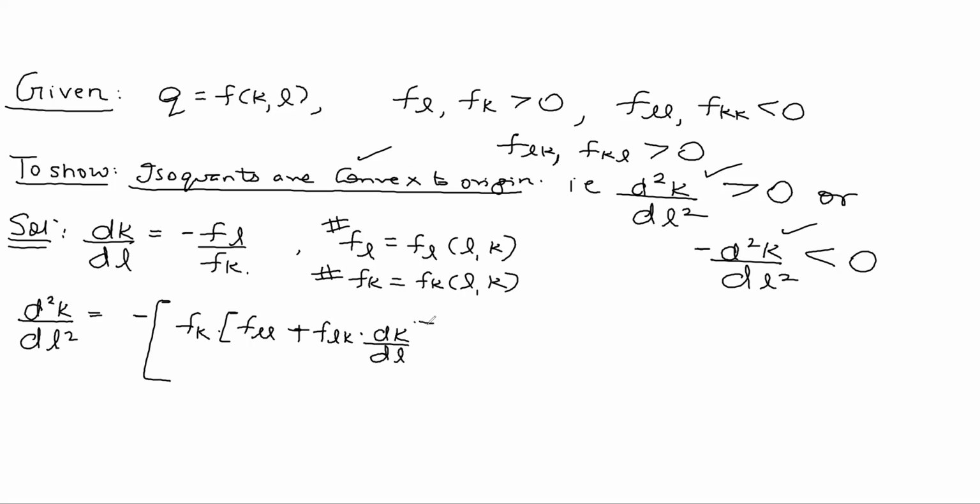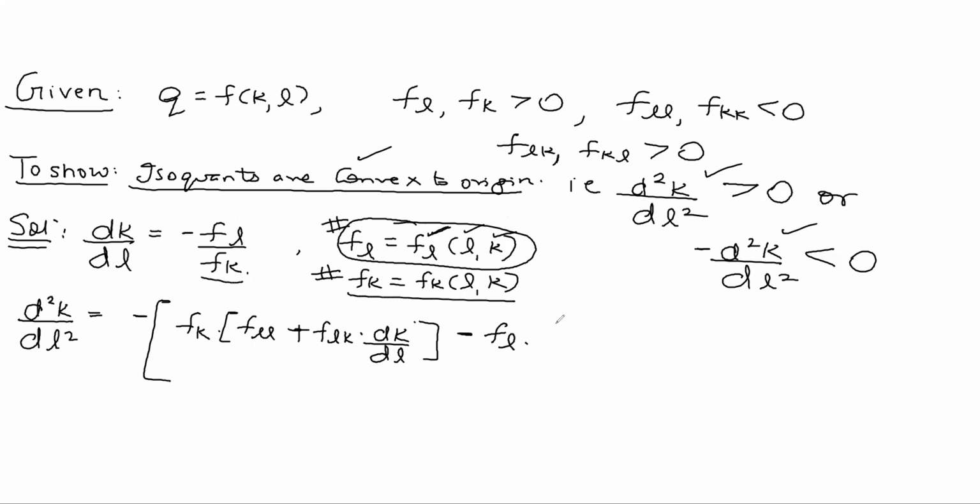If I differentiate this term with respect to labor, the derivative of FL will be FLL, which means you differentiate labor with respect to labor, then labor with respect to capital, into capital itself is a function of labor, so into dK by dL. So it is denominator into derivative of numerator minus numerator into derivative of denominator.